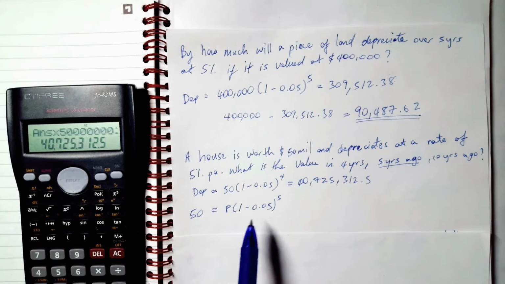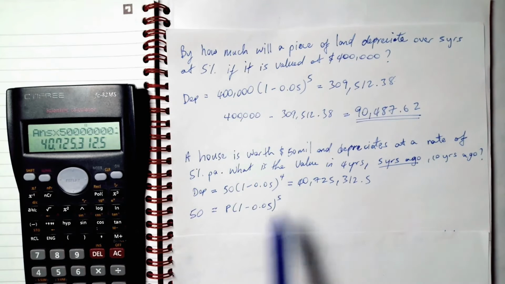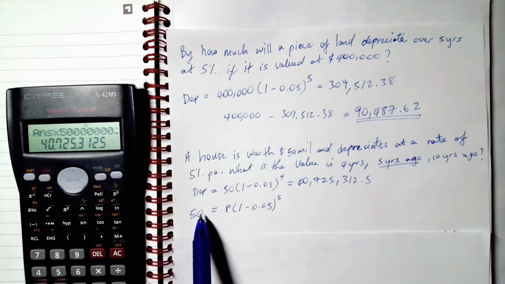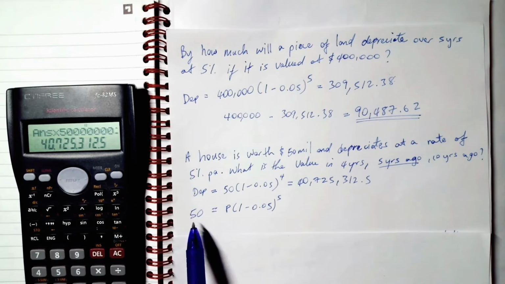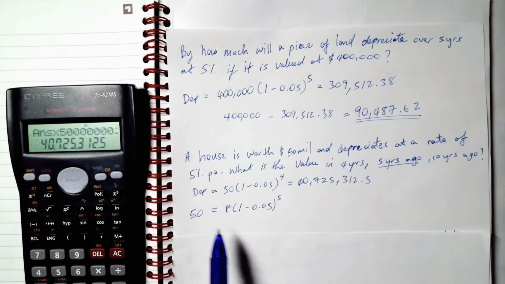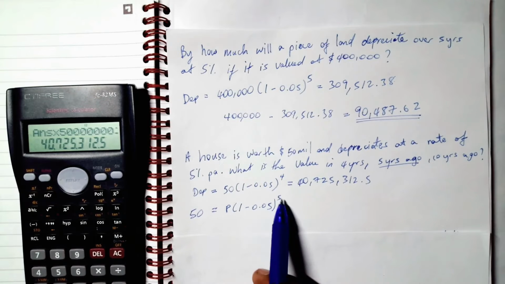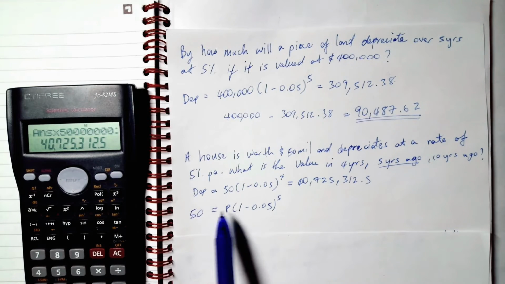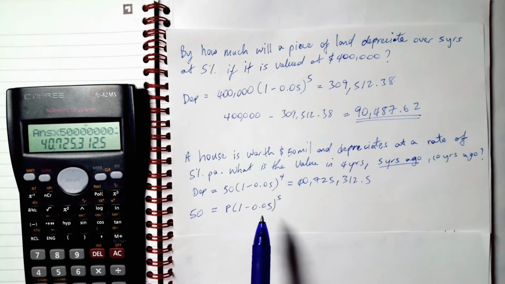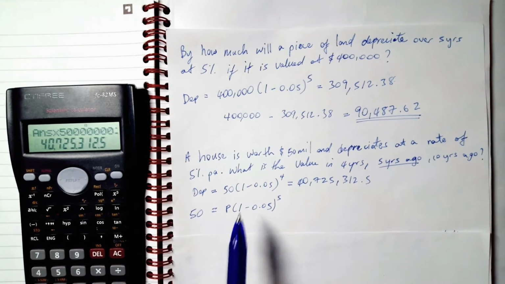I'm teaching you how to analyze these things. 5 years ago, this is the depreciated value. Something depreciated to this, and this is how we represent it. That thing depreciated via this to this. This is a very important concept in understanding the words and converting them to numbers.